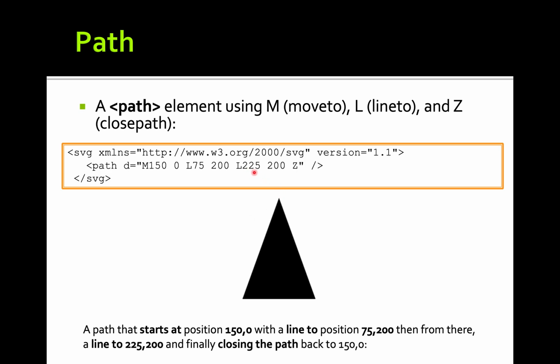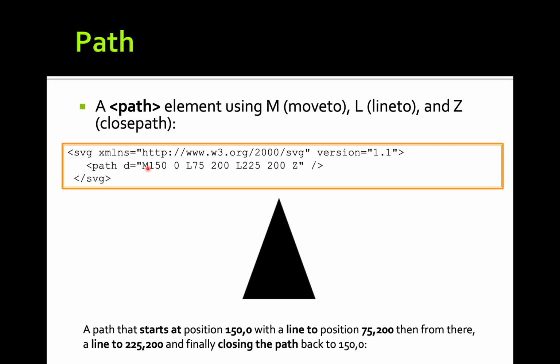From the point 225, 200, we are drawing a line to 150, 0. So 150 and 0, okay. And then we have 75 and 200, and then again the y remains the same, 200 and 225 or whatever. We need to figure out where those specific lines are going, but this is how we can do that.